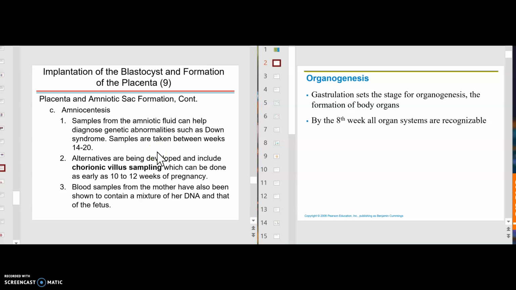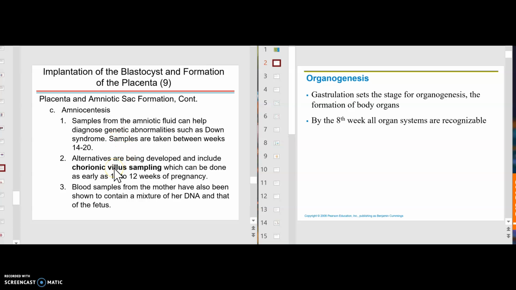Another test that can be done is to get a pinch off of the chorionic villi. Now, for the amniocentesis, you have to have sufficient time to have a space between the developing fetus, since the embryonic period ends at 8 weeks, and the amniotic sac, so that you don't poke the fetus with the needle.